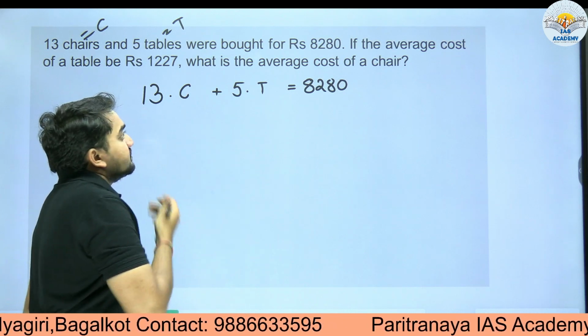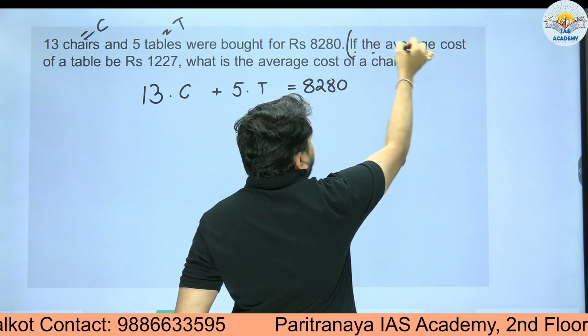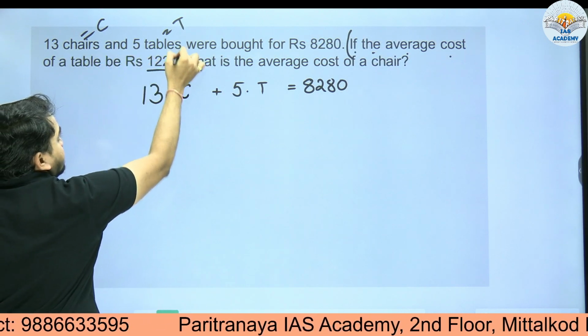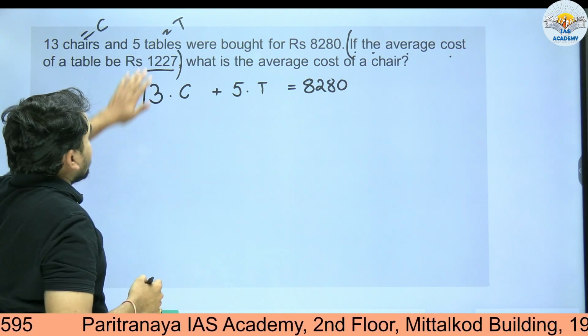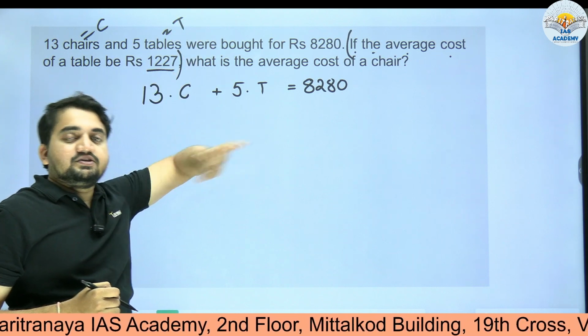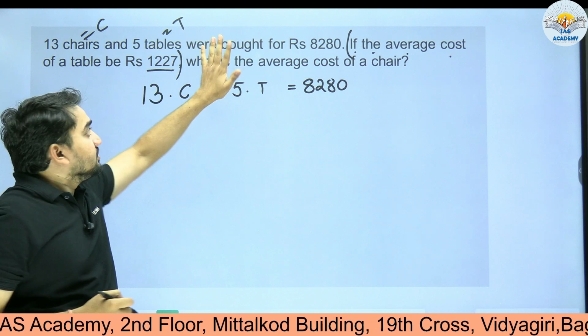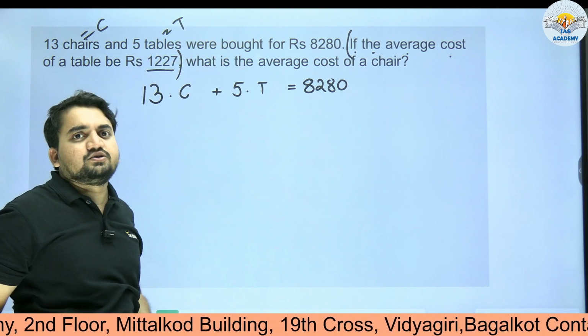See, the second part is a little bit tricky, but remember this: if the average cost of a table is this much, what does this statement say? We have 5 tables initially, whatever the number of tables given, it may be 5, it may be 2, or it may be 10 or 100, 200, anything.